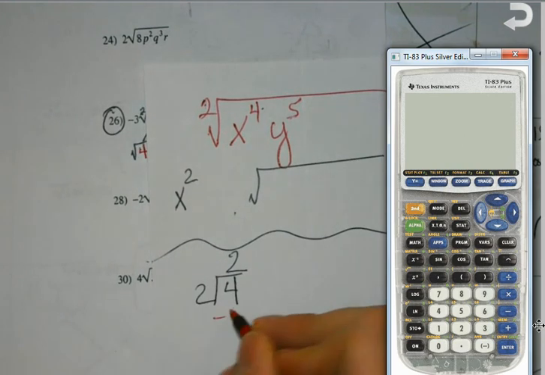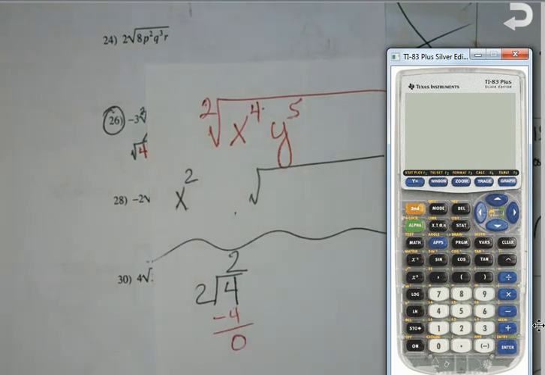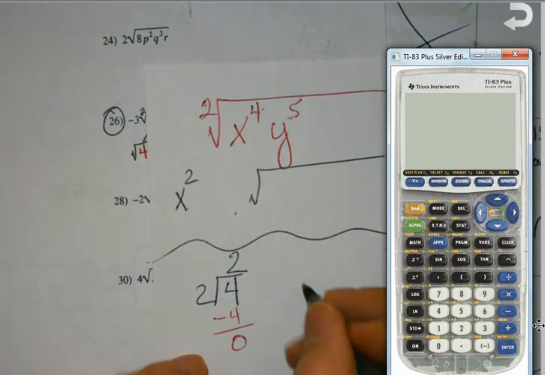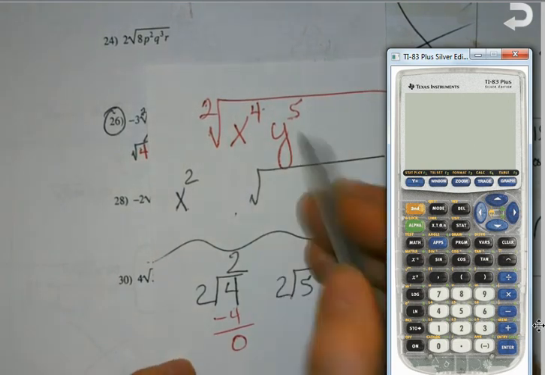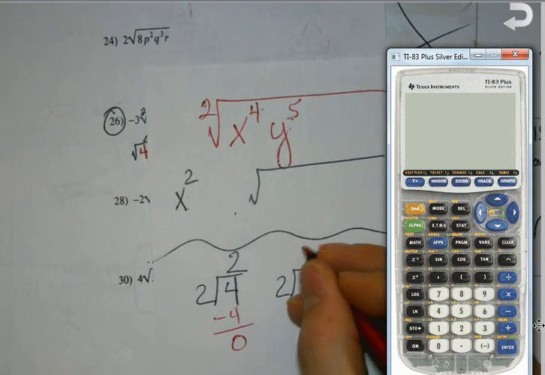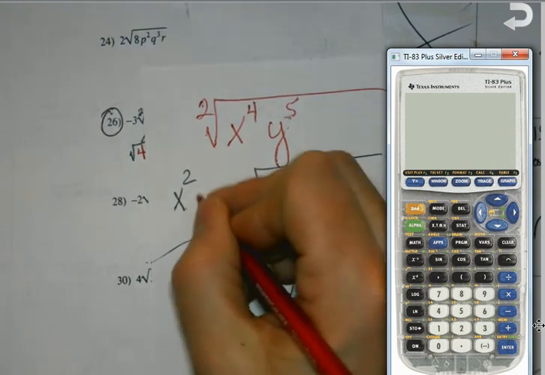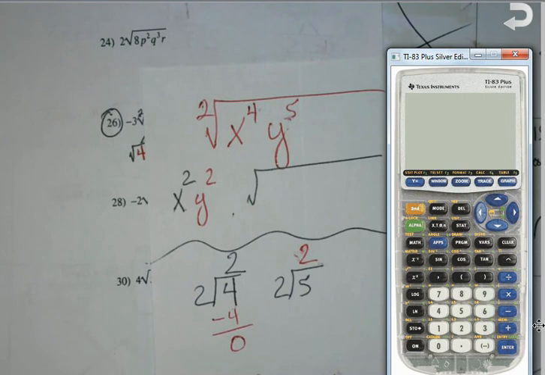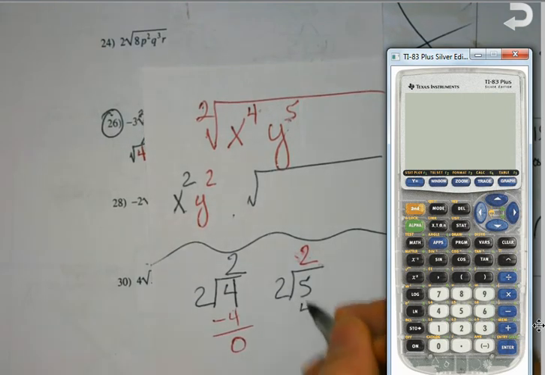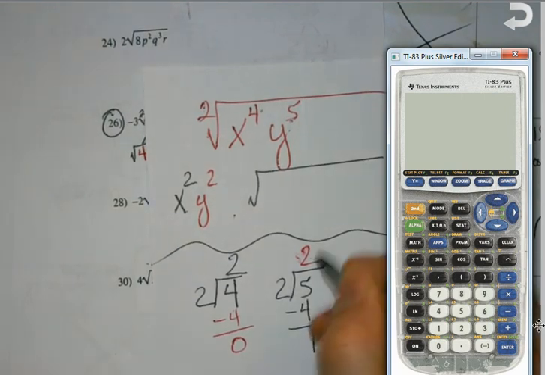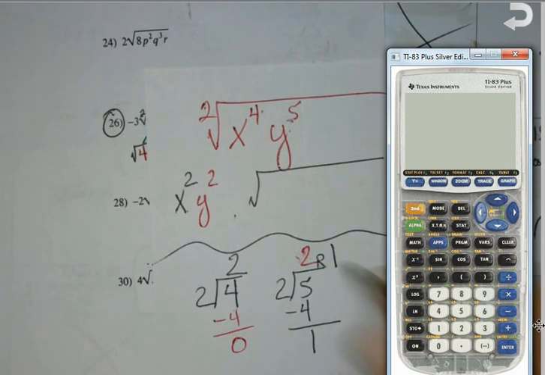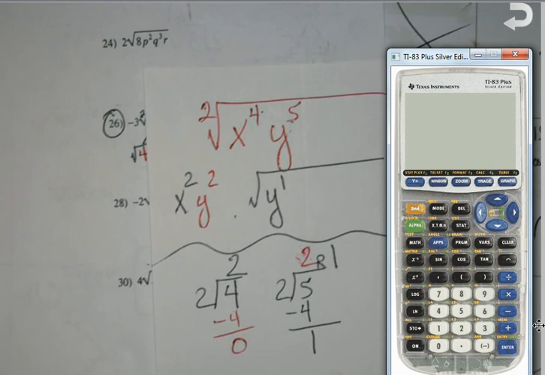If I don't have any left over, that's the only part there is. There will be none underneath. However, with the y's, that's 5. Now again, it's 2. Two times 2 would be 4. But I have 1 left over this time. If I have any leftovers, the leftovers stay underneath. Okay? So that's all we're doing as far as this whole variable thing goes.